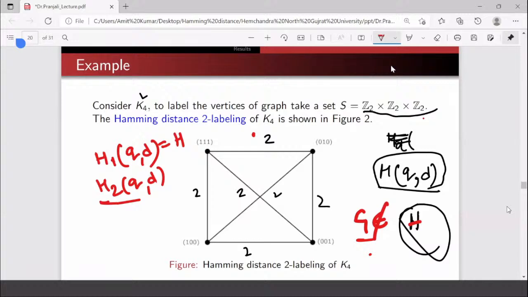If my graph admits the Hamming distance 2 labeling, then it can also be embedded into that Hamming graph. So this concept has been generalized to H_k Q_d, and for graphs which were not earlier Hamming graphs for any k, the problem is whether they can be embedded or not.